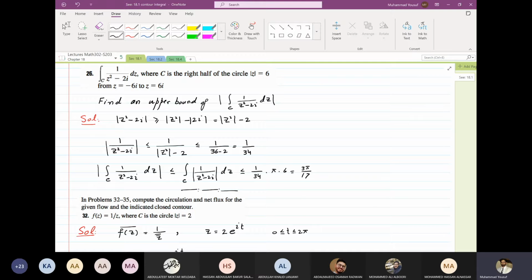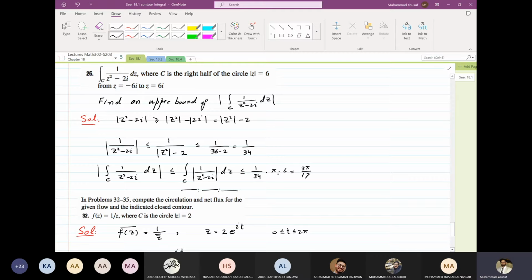So the absolute of this integral is less than or equal to, when we take the absolute inside the integral, 1 over 34, and then the length of the circle of radius 6 is 2 pi r.